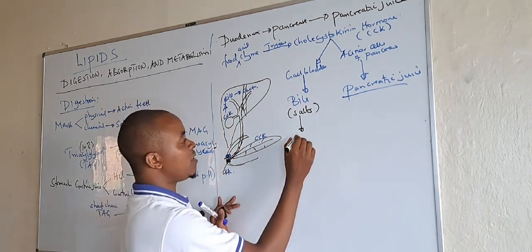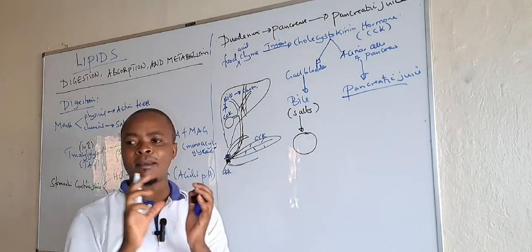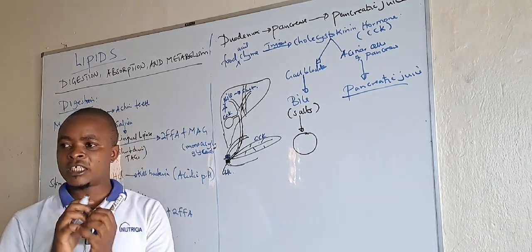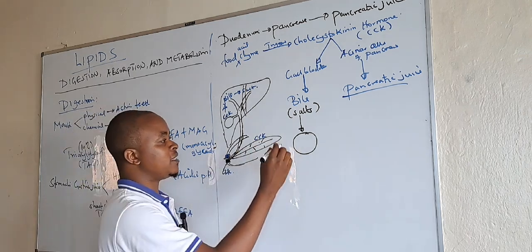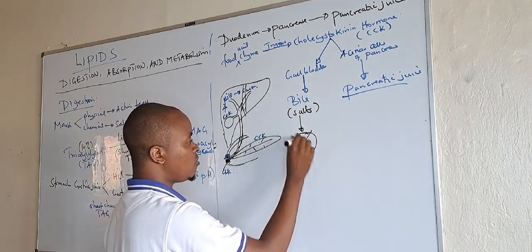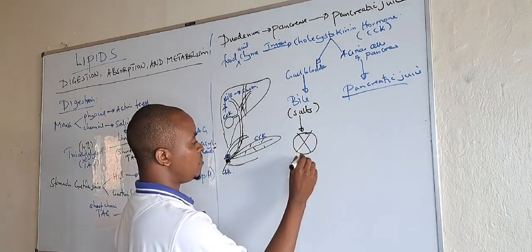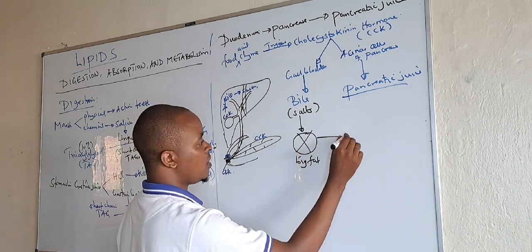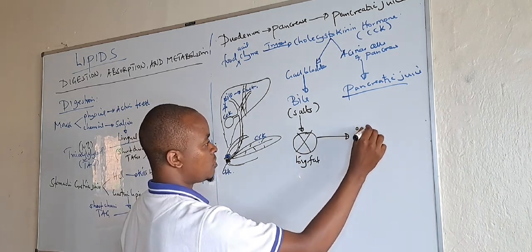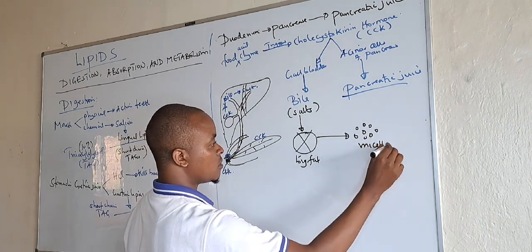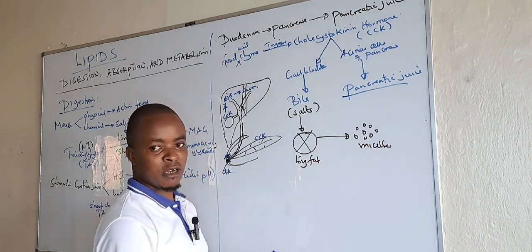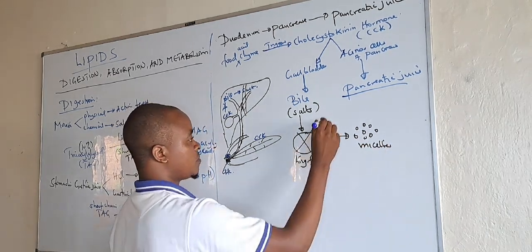Because when we eat the triglyceride, it is a big globule. It cannot be hydrolyzed by the enzyme. So what bile does is to come and break down the big fat globule into smaller lipid droplets, which we call micelles. And this process is known as emulsification.